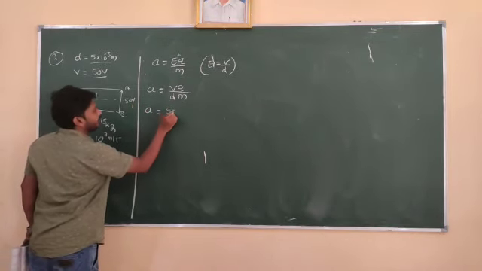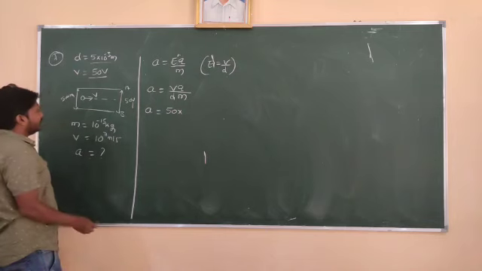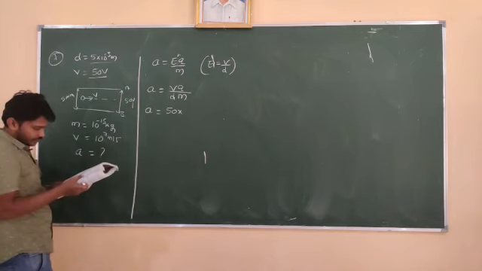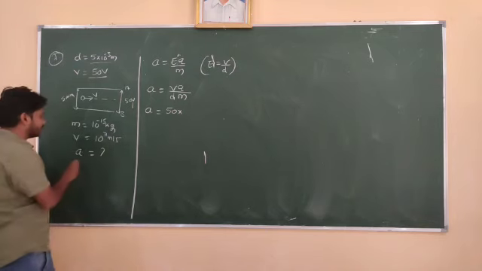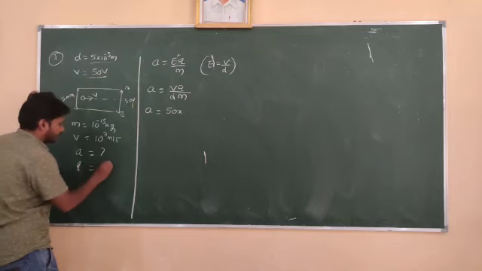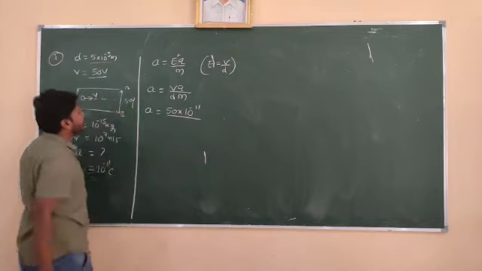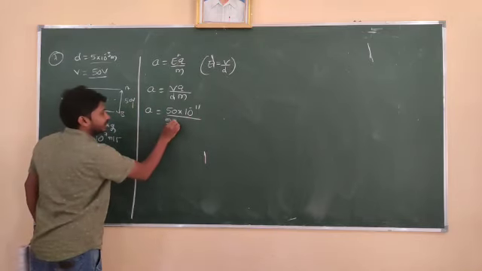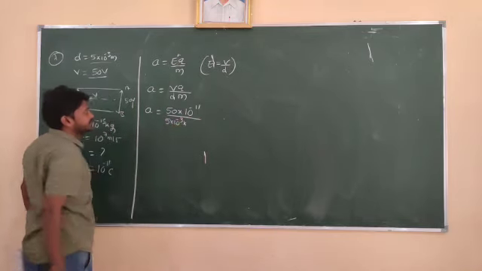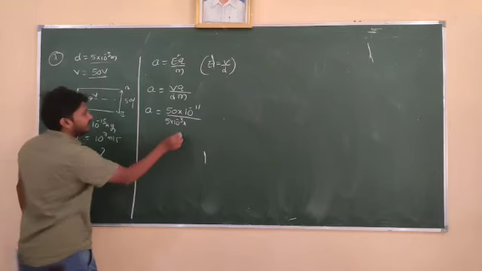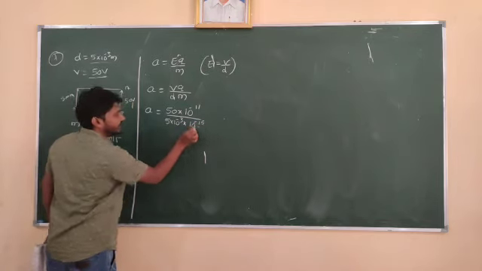Potential value is 50. The charge on the particle is 10 to the power of minus 11 coulomb, and the separation is 5 into 10 to the power of minus 3, and the mass is 10 to the power of minus 15 kg.